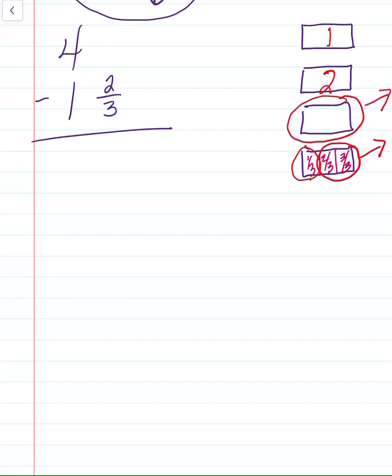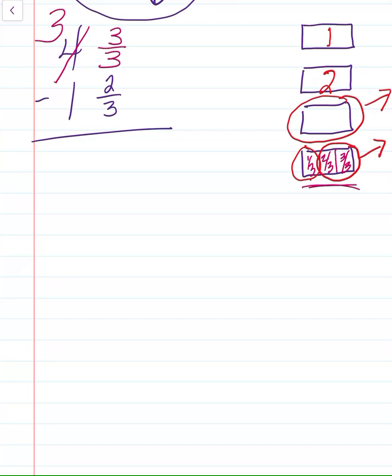All right, so let's go over here to our numbers and let's do to our numbers what we did with the picture. All right, so we had 4 wholes. We took one of the wholes. So I said 4 minus 1 is 3. We took one of the wholes and we broke it up into 3/3.